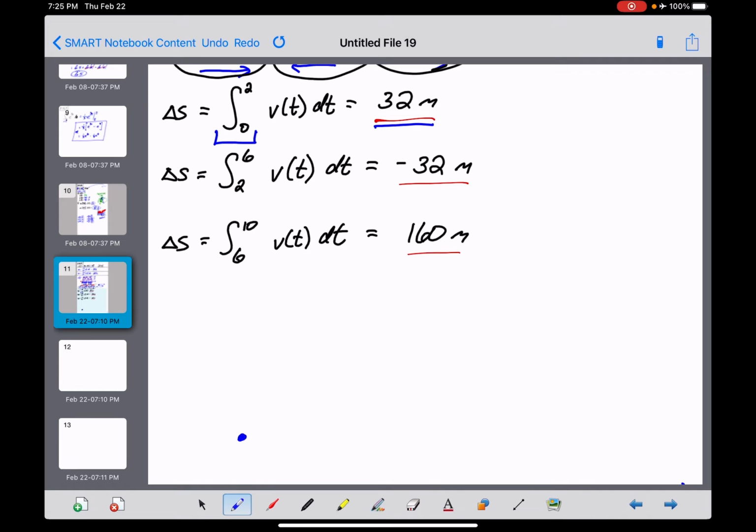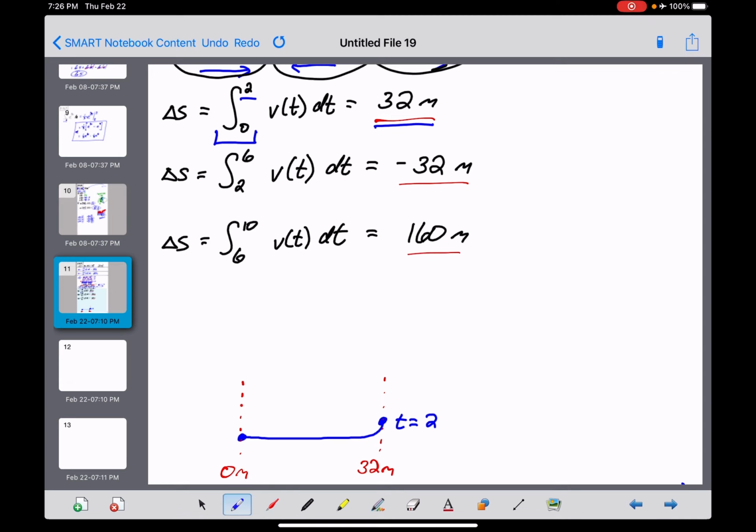It started off moving to the right, and at this spot right here, this is what happens at t equals 2. That's how long it took to get there. And we know then that this distance right here, everybody, is 32 meters to the right from where we started, which of course we would call 0 meters. So it moved 32 meters to the right, and it took 2 seconds to get there.